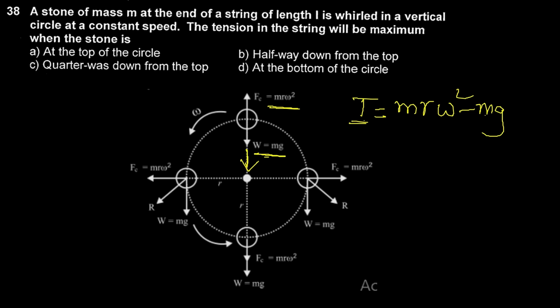Now if we apply the same condition to the stone when it is at the bottom, tension acts upwards, weight acts downwards, and centrifugal force, which always pulls away from the center, acts downwards. So tension is equal to m r omega square plus mg.